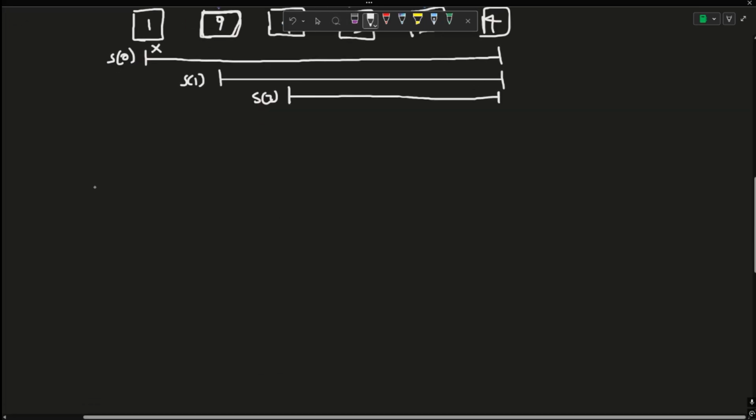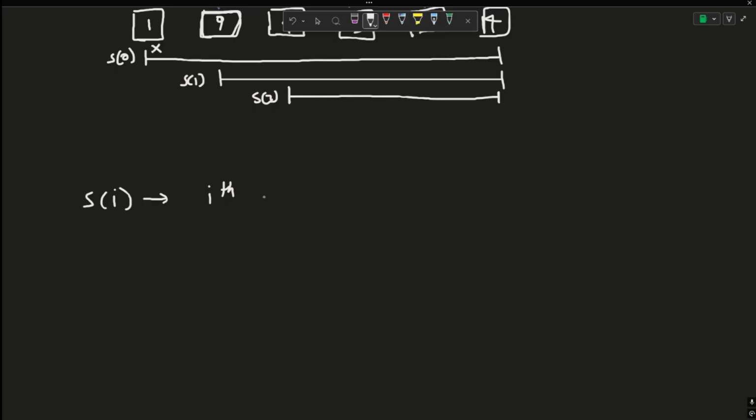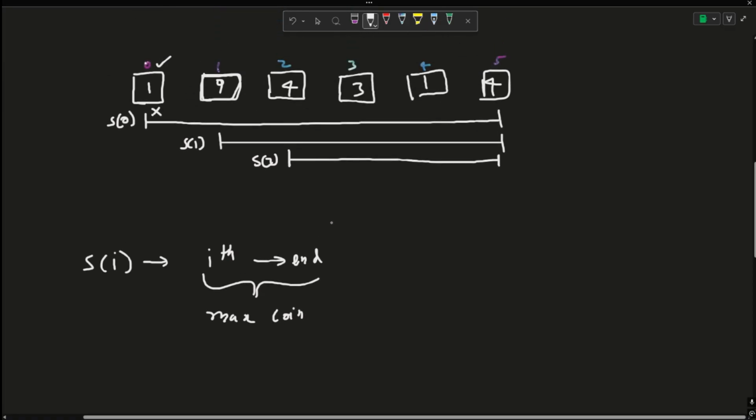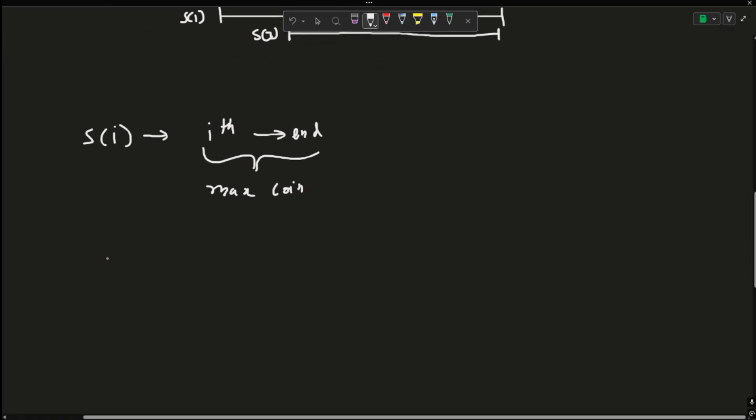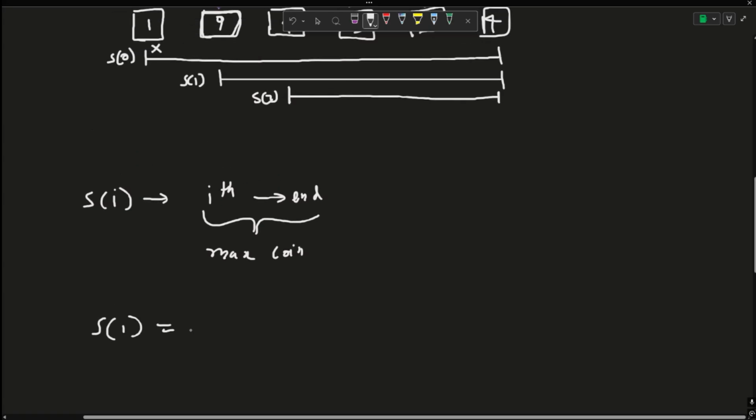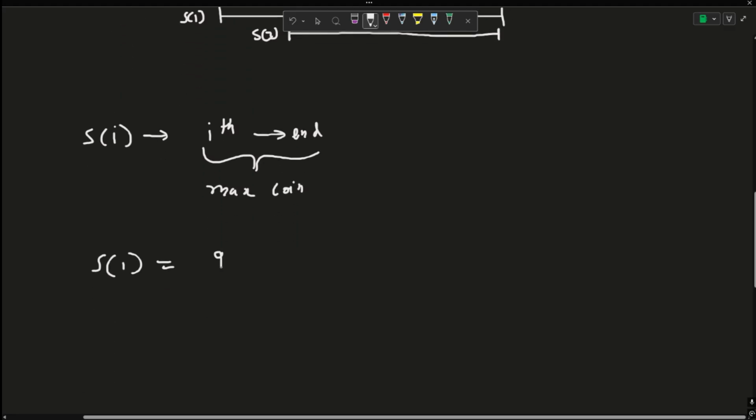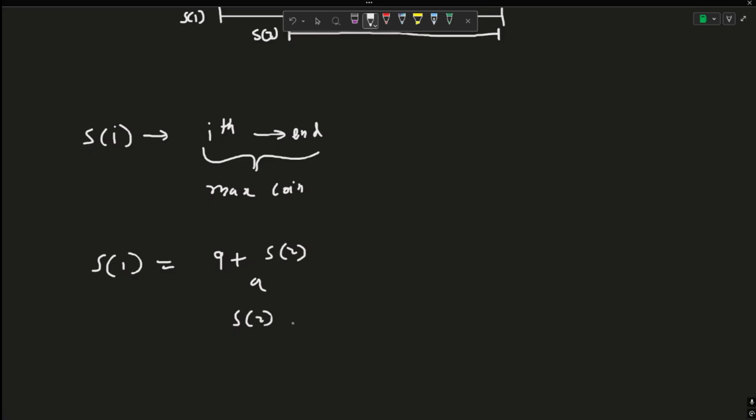Previously when we said si, we said we'll start at the ith position and go on and get the max coin, right? We said this, but then we fumbled upon this, like, for let's say s of 1, I said either I can write n plus s of 2 or s of 2, which one is valid.